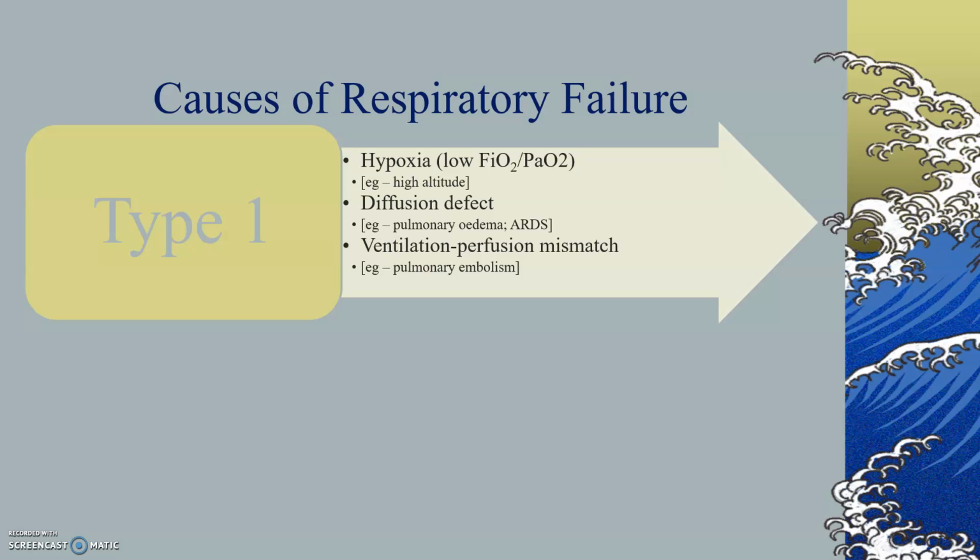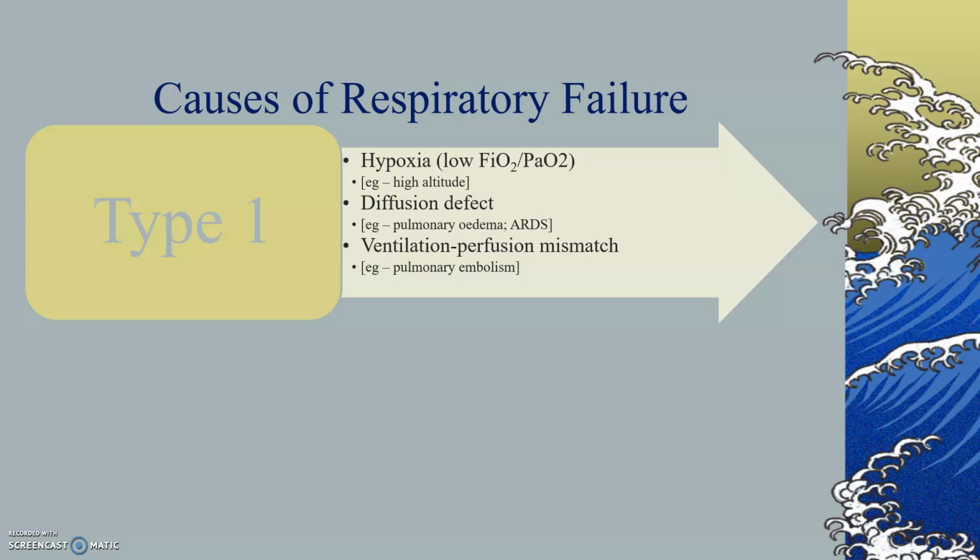This can be seen at high altitude, for example, or a diffusion defect. Something is blocking the oxygen from going from the alveoli to the blood capillaries in the lung, and this could be due to any thickening of the alveolar membrane, as is seen in pulmonary edema, acute respiratory distress syndrome, or pulmonary fibrosis.